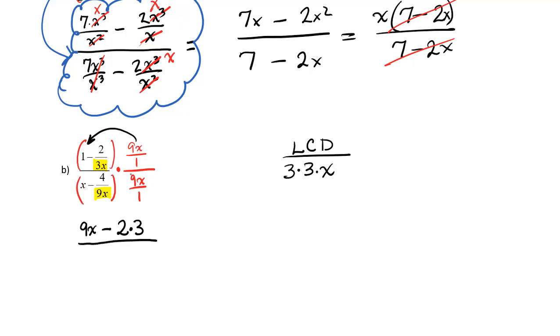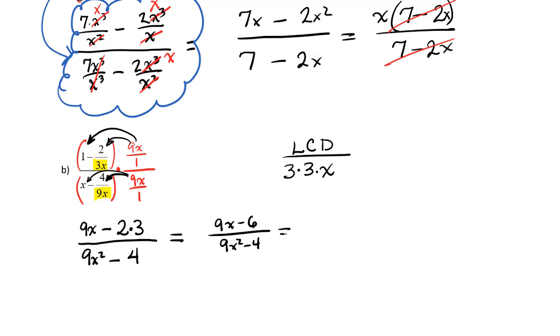Now let's go to the denominator. So in the denominator, I have 9x times x. That will give me a 9x squared. And in the denominator, I also have to distribute the 9x to 4 over 9x. That will give me a minus 4. I'll rewrite this. I have 9x minus 6 over 9x squared minus 4.